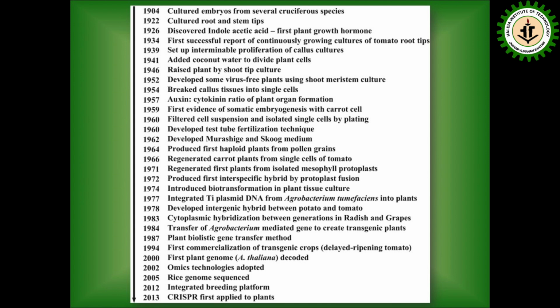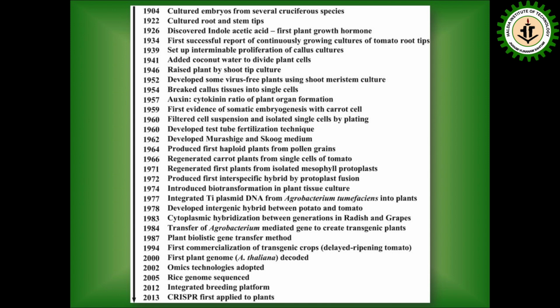This discovery provided researchers with the tools needed to control plant growth in vitro. During the 1940s, Skoog and Miller identified another critical hormone, cytokinin, which promotes cell division. The combination of auxins and cytokinins allowed scientists to manipulate cell differentiation, leading to the regeneration of shoots and roots from cultured tissues.